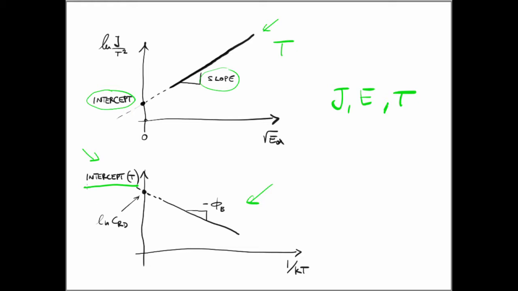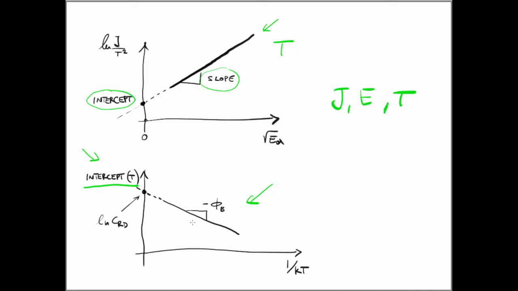So if we plot the intercept at each temperature T which we measured against 1 over kT, we should get a straight line with a negative slope, because we've seen that in the relationship there is a minus. And so the slope would be minus phi b.